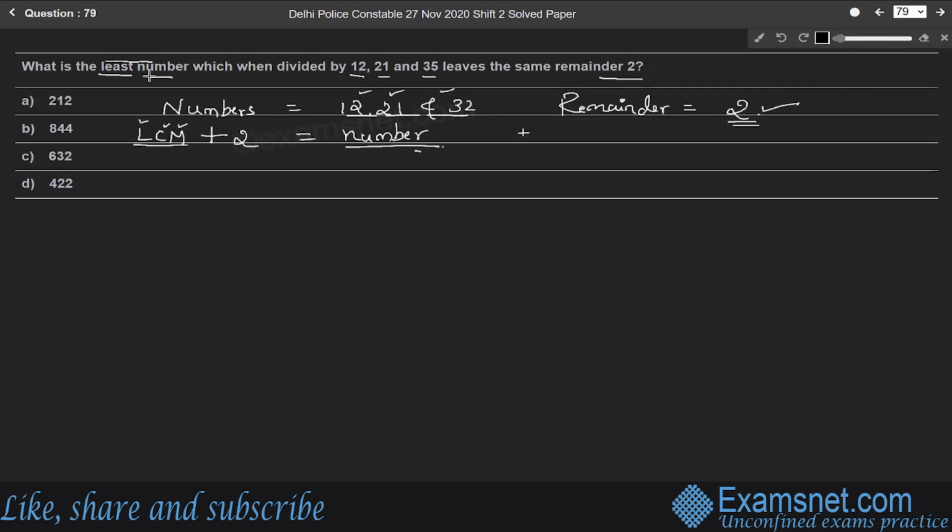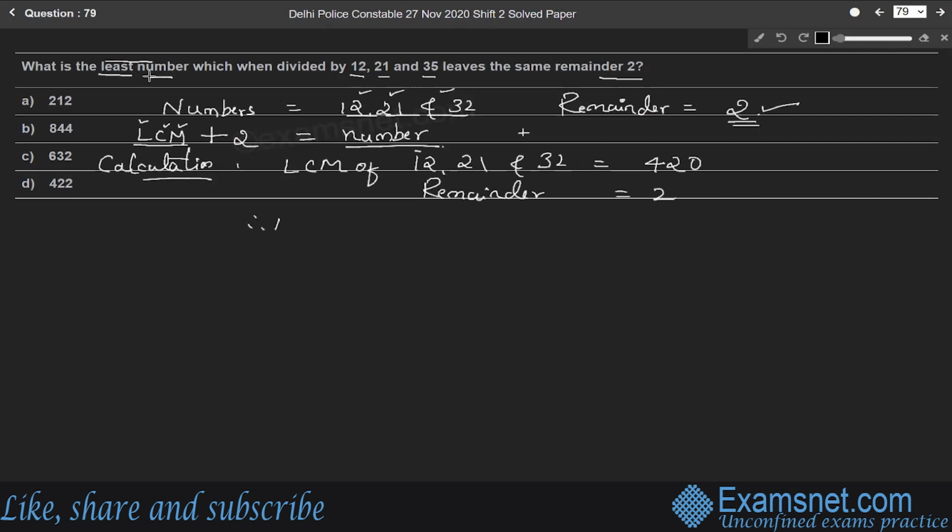Right? So therefore, calculation: LCM of 12, 21 and 32 is equal to 420. And the remainder is 2.